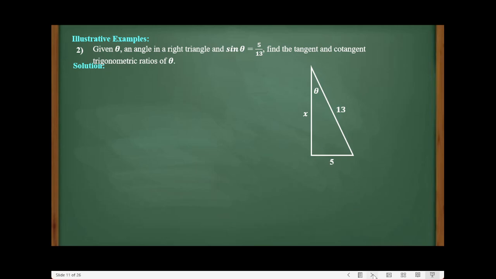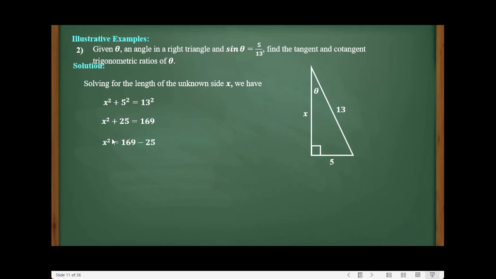We use what? The Pythagorean theorem, which states that the square of the hypotenuse is equal to the sum of the squares of the two legs from a right triangle. So, setting up the equation, we have x squared plus y squared is equal to 13 squared. And we solve this equation. So 5 squared is 25 and 13 squared is 169.